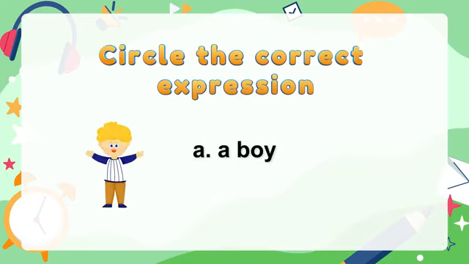A, a boy. B, an boy. Boy begins with a consonant. We use a with consonants, so circle A boy.